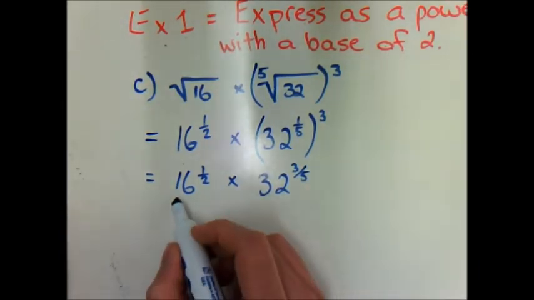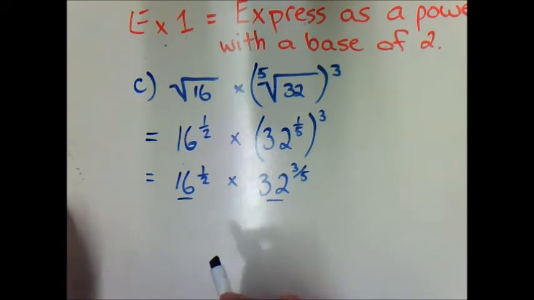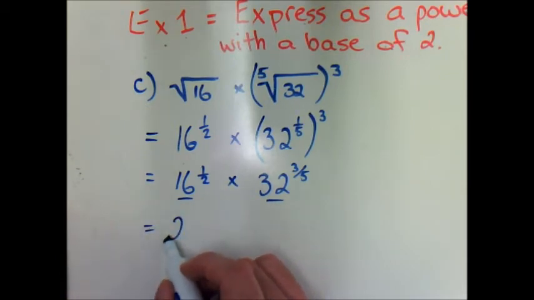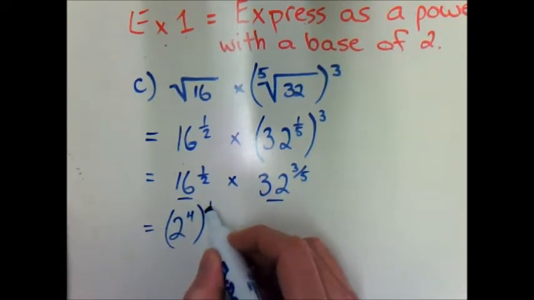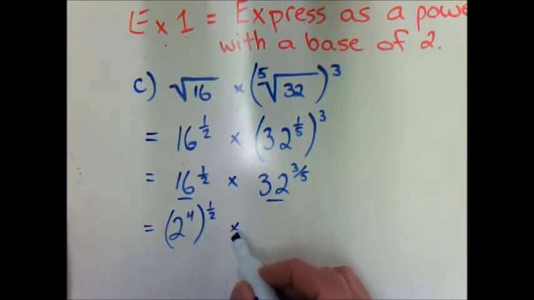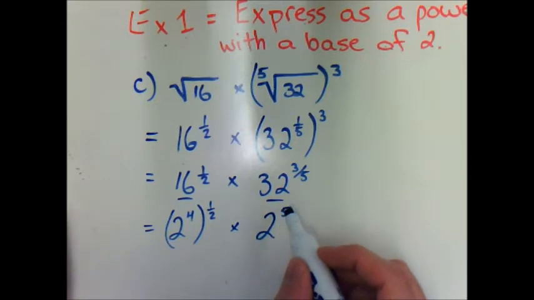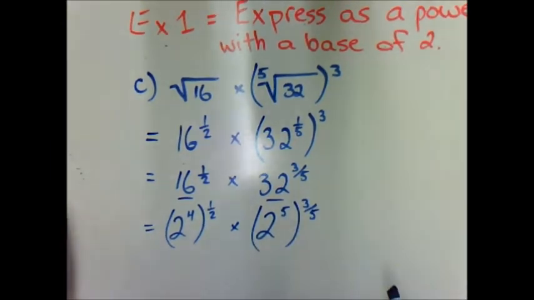Well, I can now see I have 16 and I have a 32. I know that I can write those as powers of 2. 16 is 2 to the power of 4, and still to the power of a half. 32 is the 5th power of 2, still to the power of 3 over 5.